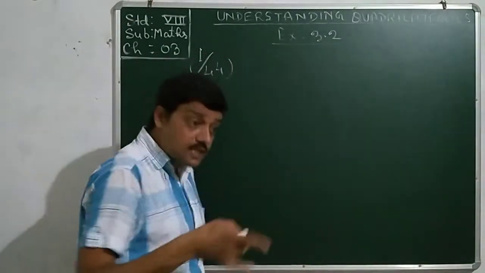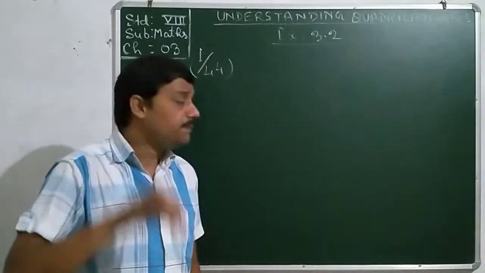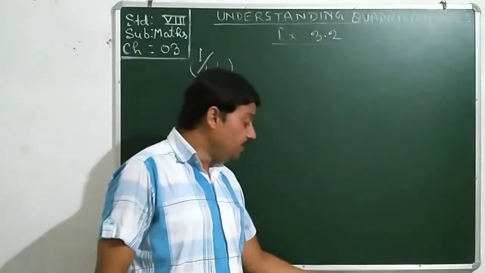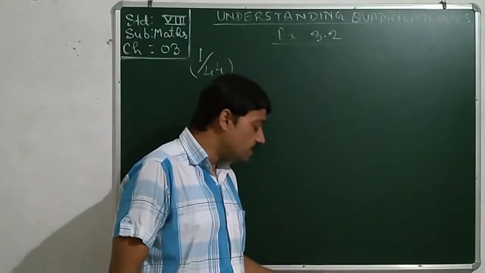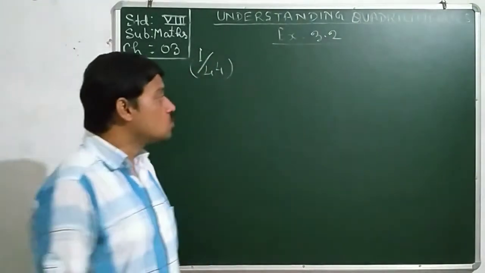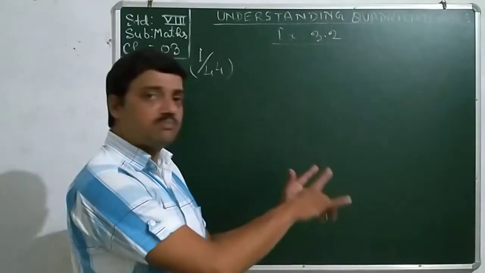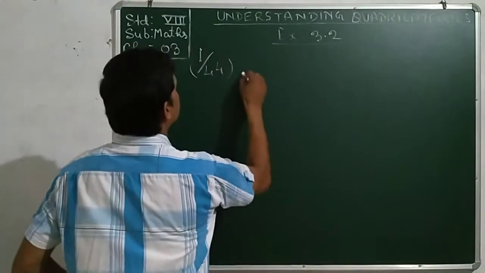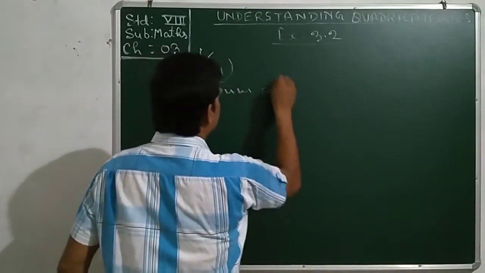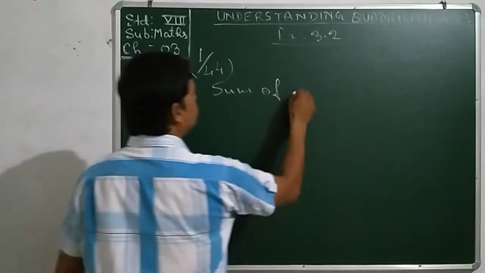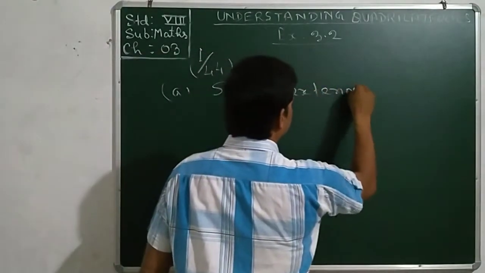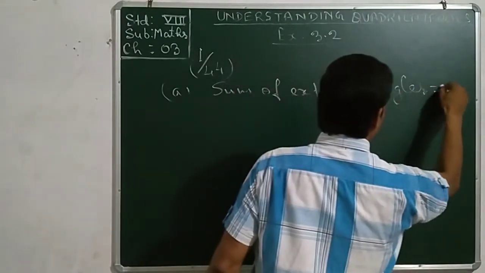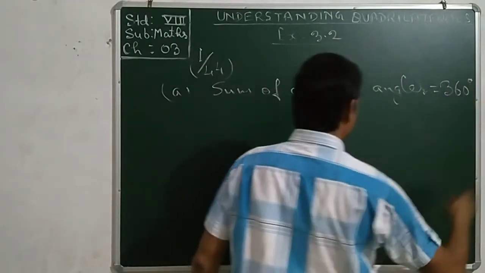We know the sum of exterior angles for any figure must be 360 degree, and we are given here two exterior angles and the third exterior angle is given as x. So the sum of all these three exterior angles must be 360 degree. Very easily we can find out x. Sum of exterior angles equal to 360 degree.